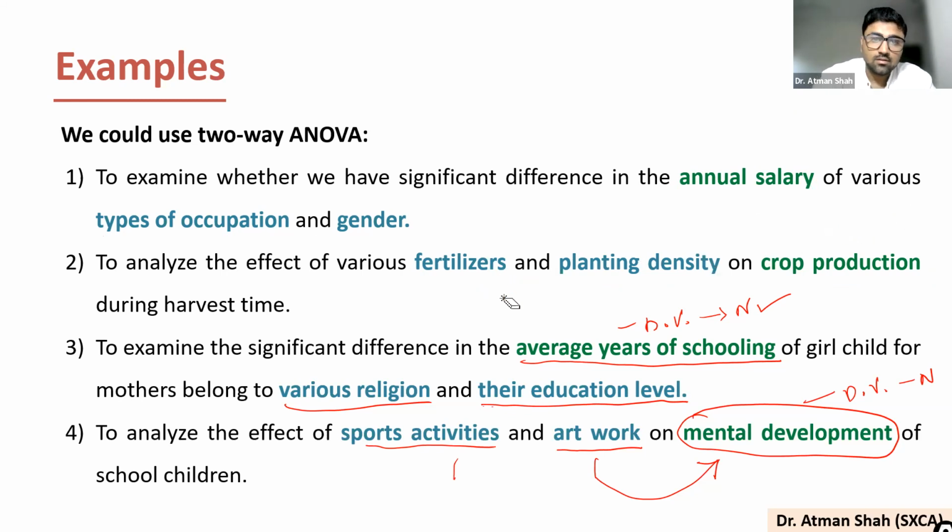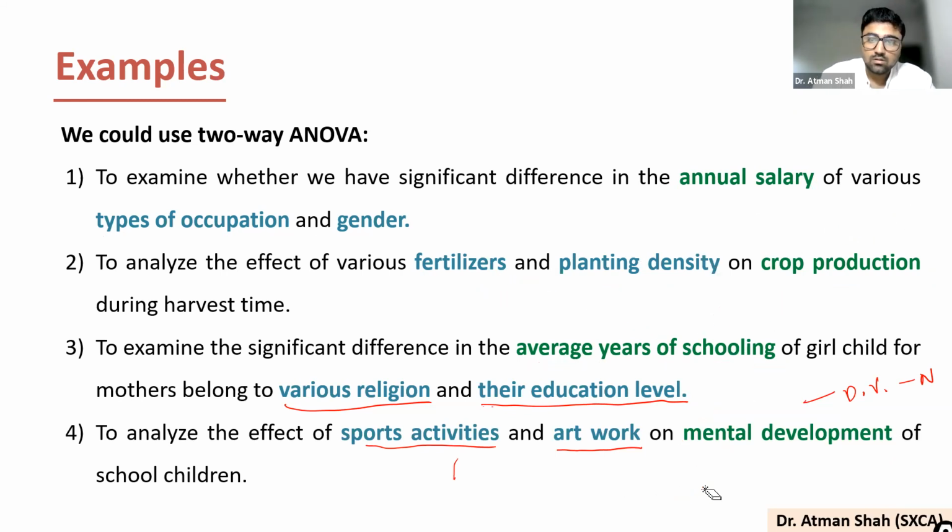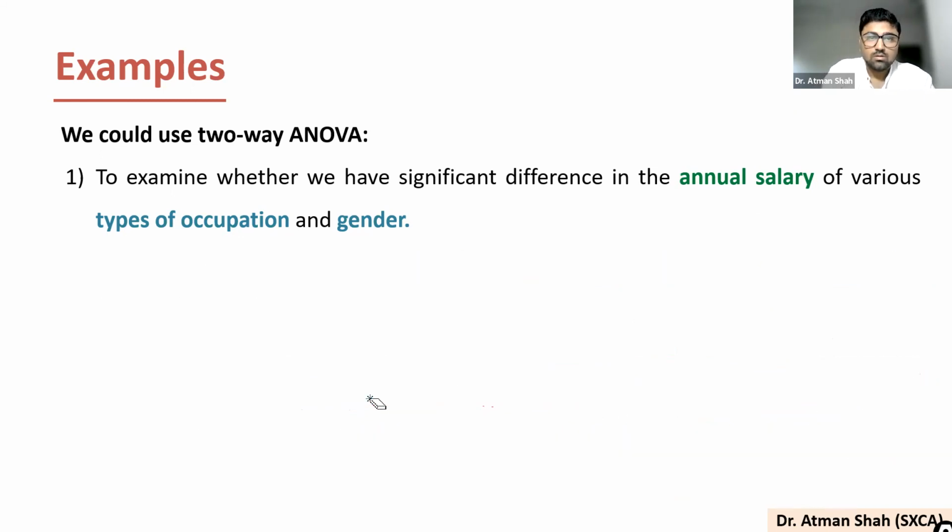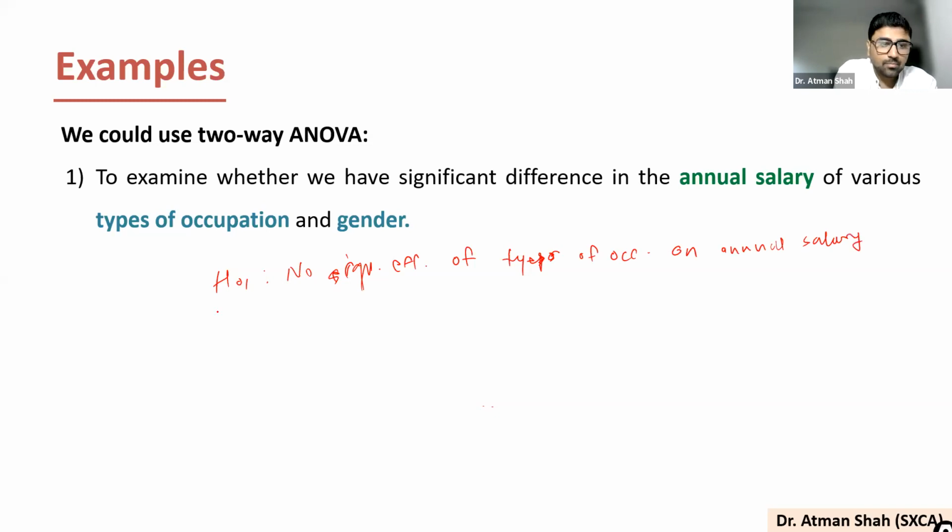So first we write H01: no significant effect of types of occupation on annual salary.